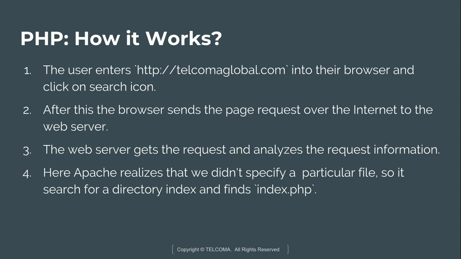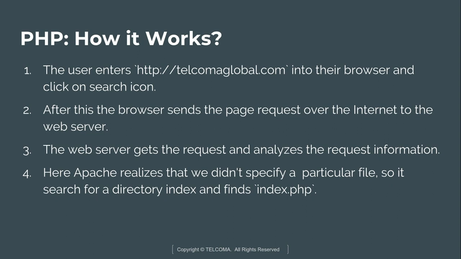Apache realizes that we didn't specify a particular file, so it searches for a directory index and finds index.php. Apache analyzes whether the directory contains any file, and here it contains a file named index.php.